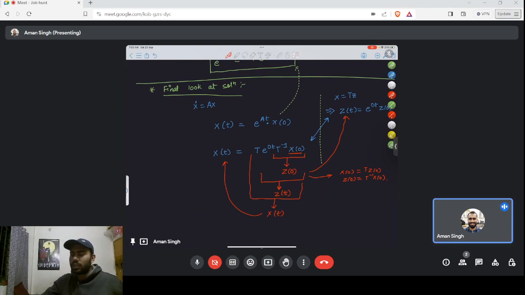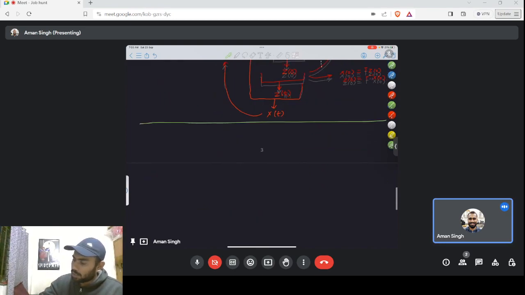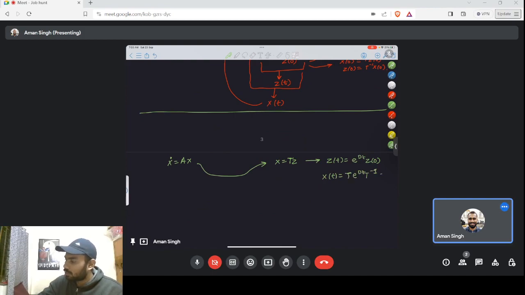So this is how you should think about your dynamic equation. Let's say you have x dot equal to Ax as a system of equations. In your mind, you should directly transfer from here to x equal to Tz, which gives you z(t) equal to e to the power Dt z naught, and x(t) equal to T e to the power Dt T inverse x naught.